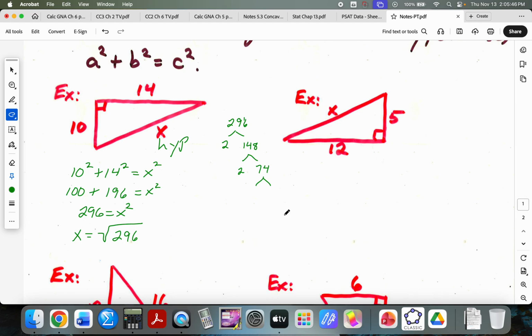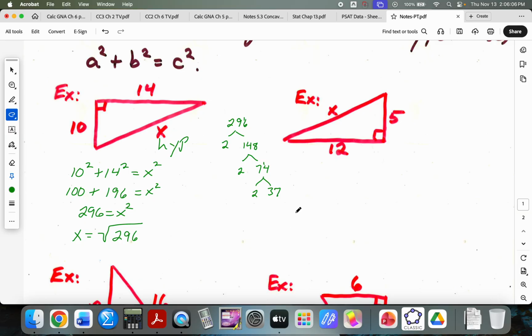Guess what I can divide by? 2. 2 goes into 7 3 times, but there's going to be 1 left over. So I usually just put a little mark here for the 1 left over. 2 goes into 14 7 times.